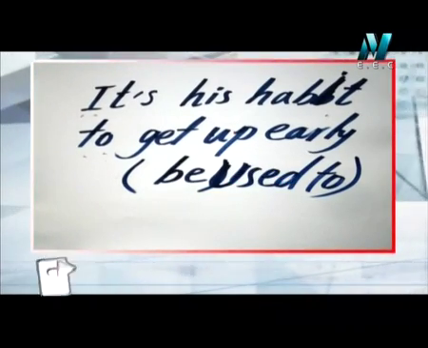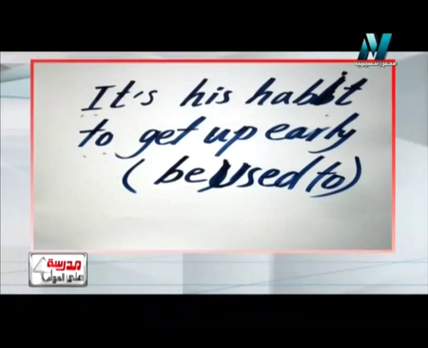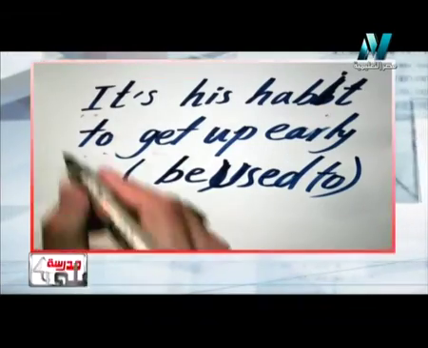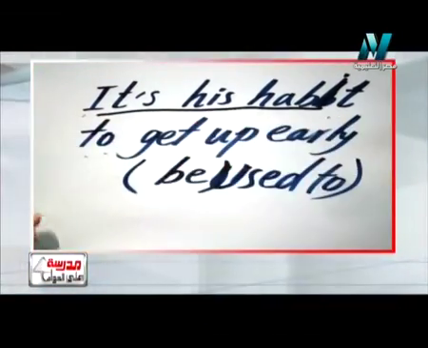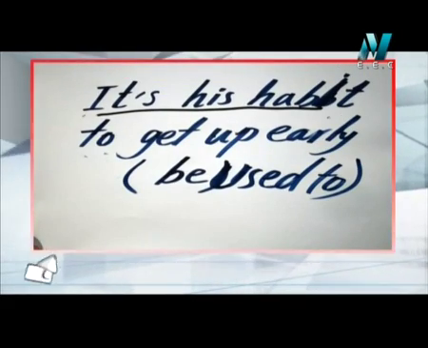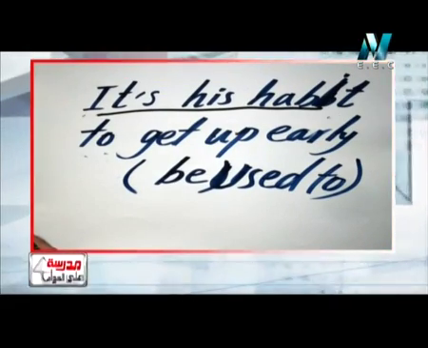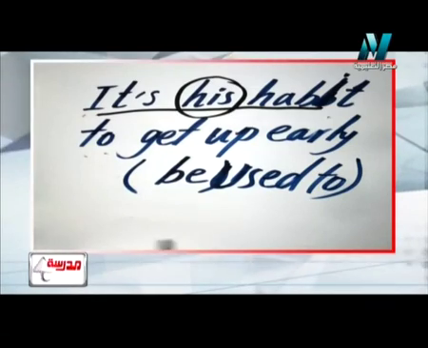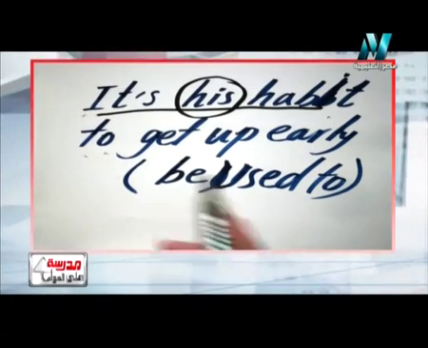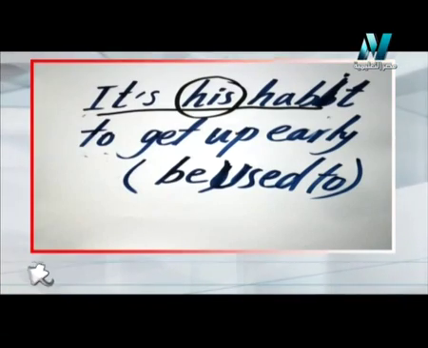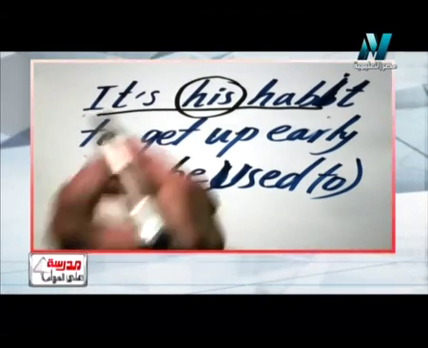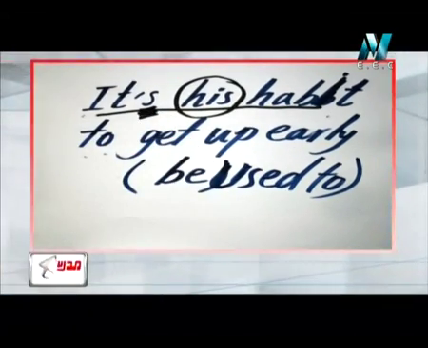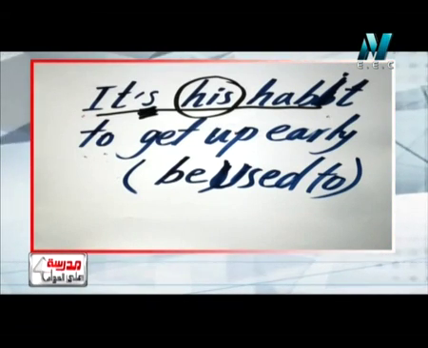How can we use be used to in a sentence like this? Before we answer, you have to read it well and get the meaning from the sentence. What does it mean? It means that this person has a habit, which is getting up early. Is it a habit in the past or in the present? It's in the present. That's why we say it's, not it was. So how can we use be used to in a sentence like this?